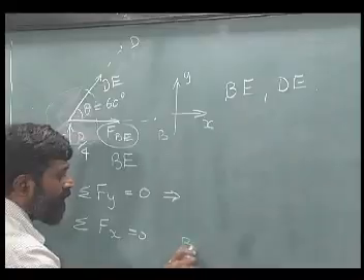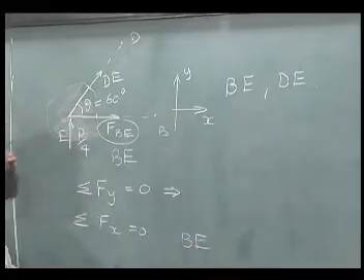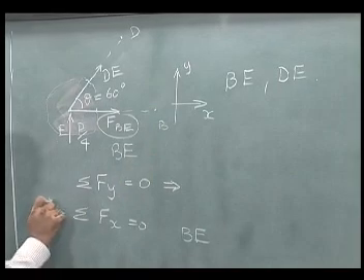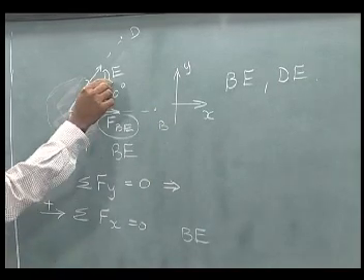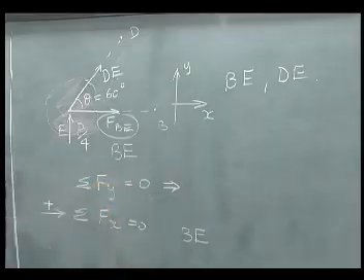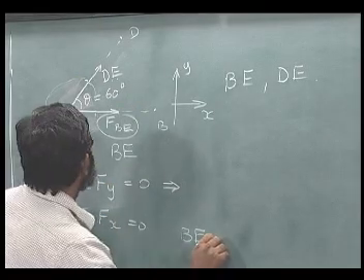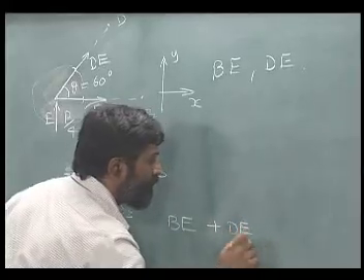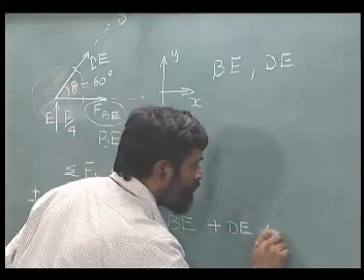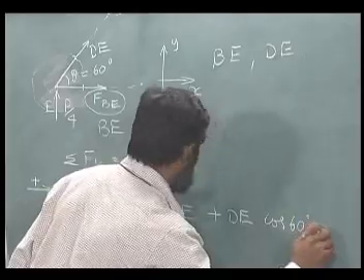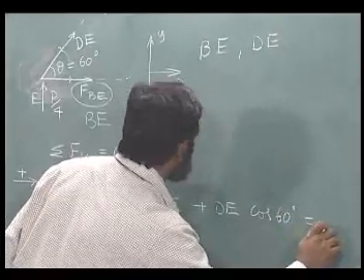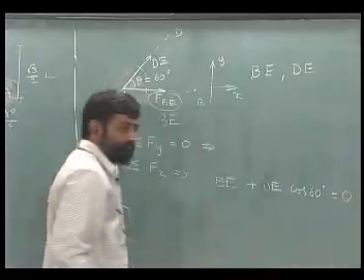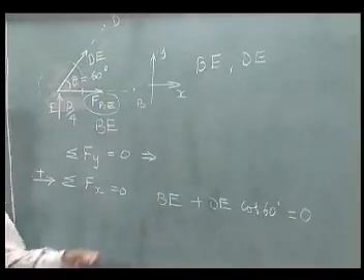I will have BE acting along the positive direction, so I am going to write this as positive, and a component of DE along the x direction, which is again positive, plus DE cos 60 degrees is equal to, there is no external force acting on it, 0. So, this is one equation that I can get.